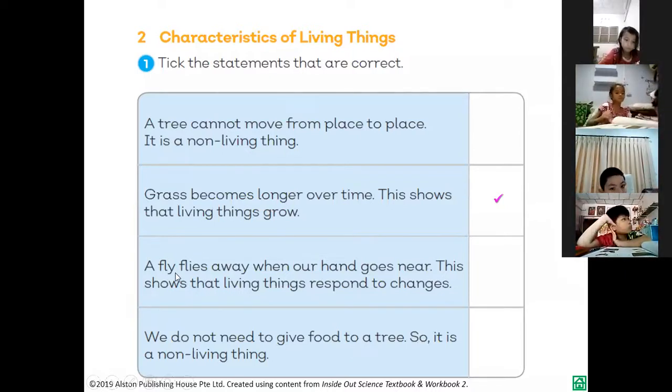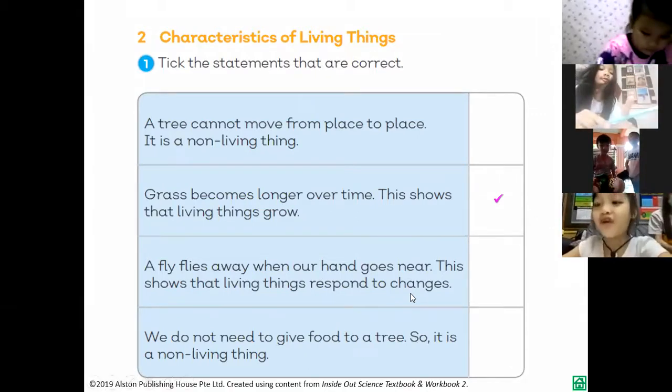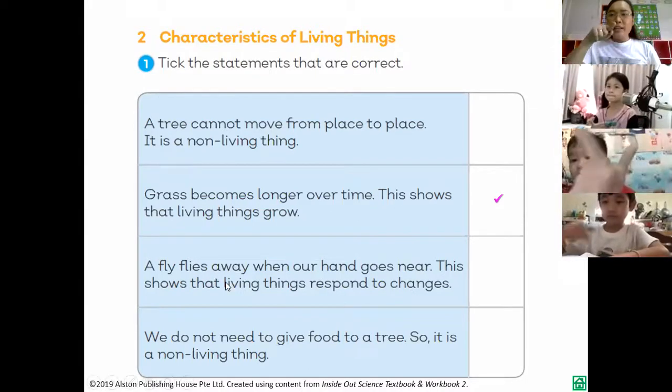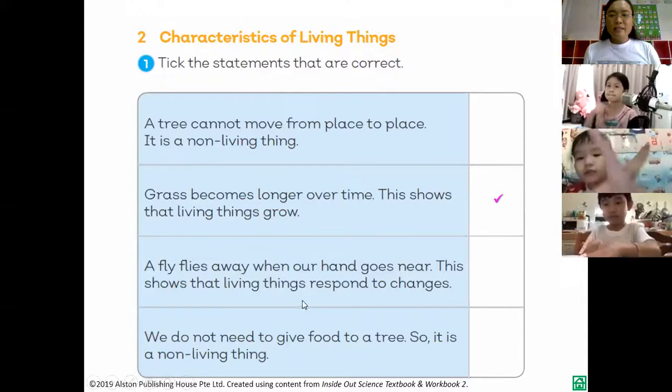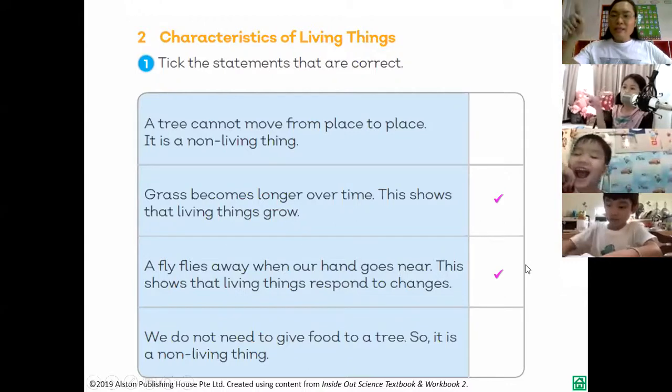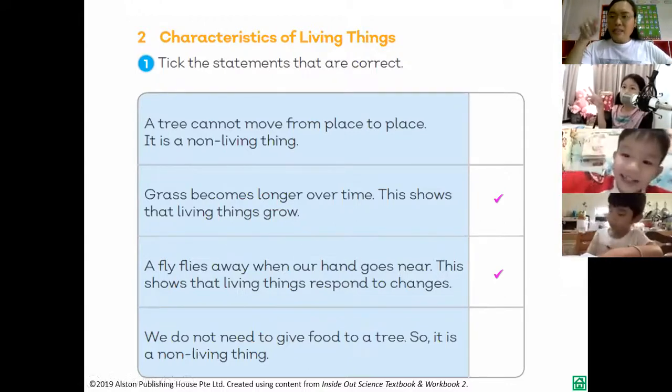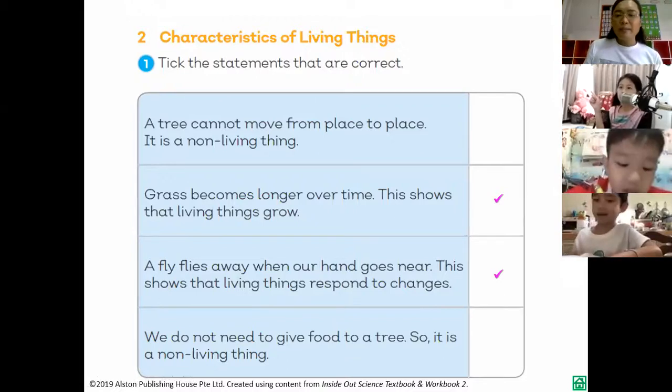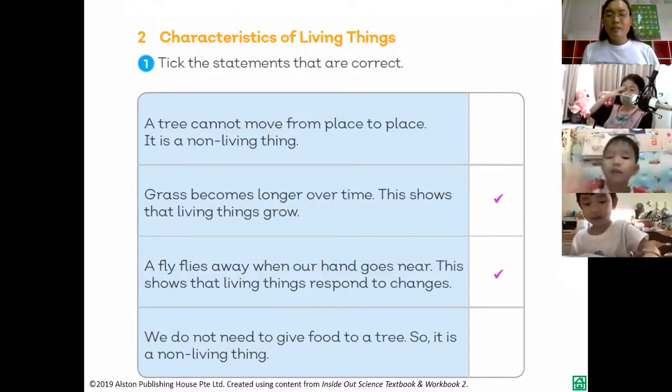Is it an X or a check? So this one is a check. It's correct.